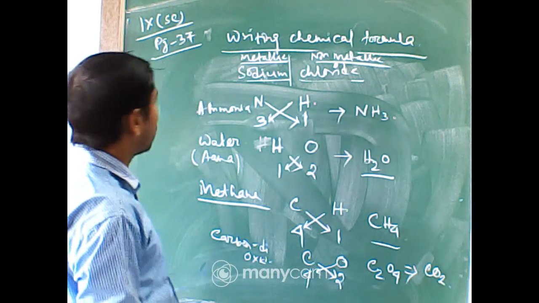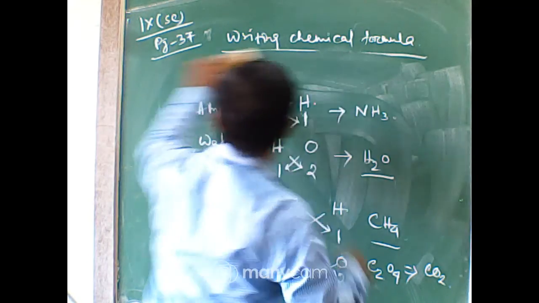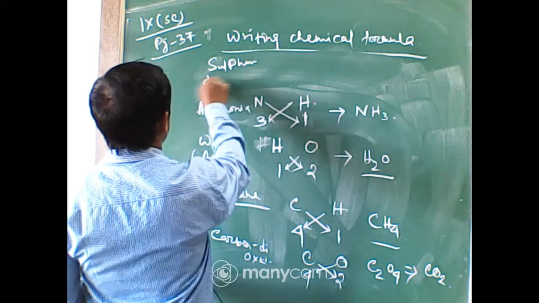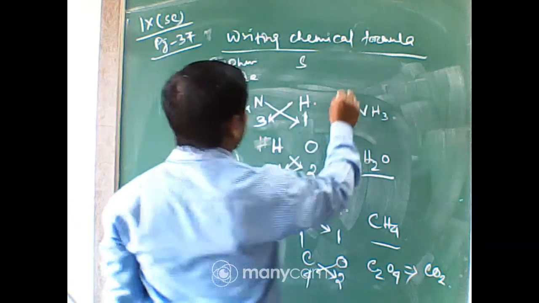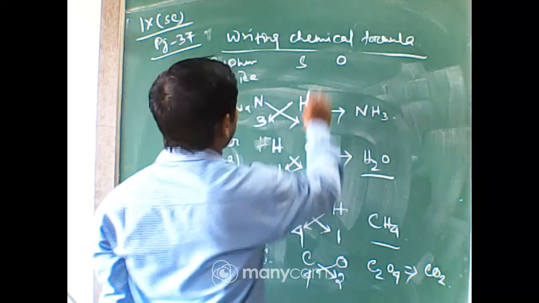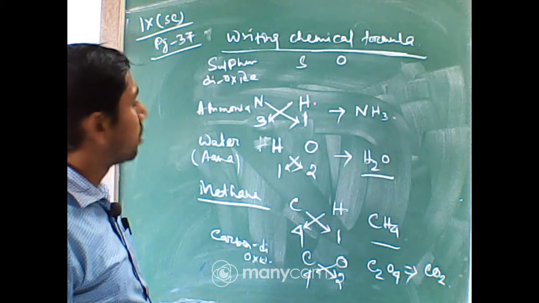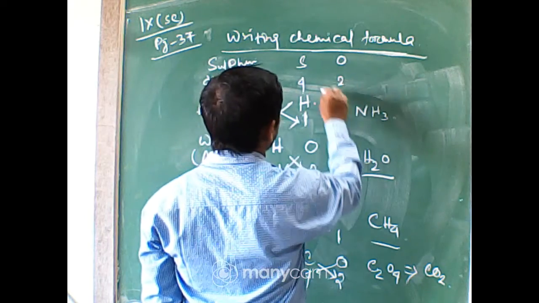Now, come to another example, that is sulfur dioxide. Sulfur dioxide, sulfur and oxygen. Okay. So, here the valency of sulfur is 4 and oxygen is 2.